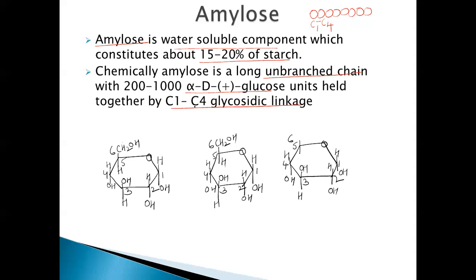C1 of one glucose is linked to the C4 of another glucose. Here the C1 carbon atom of one glucose is linked to the C4 carbon atom by the removal of a water molecule. These two carbon atoms are linked by means of oxygen. Again C1, C4, this water molecule is also removed. I'm removing that water molecule, not writing it again.